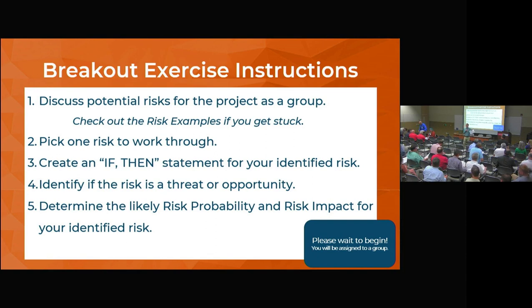For the front half of the room over here, if you guys can work on right-of-way, utilities, and railroad, and just come up with 1 risk as a group. And then for the back 2 rows over there, if you guys can come up with a technical group risk. And after you come up with your risk, you should have a map that shows you the area.